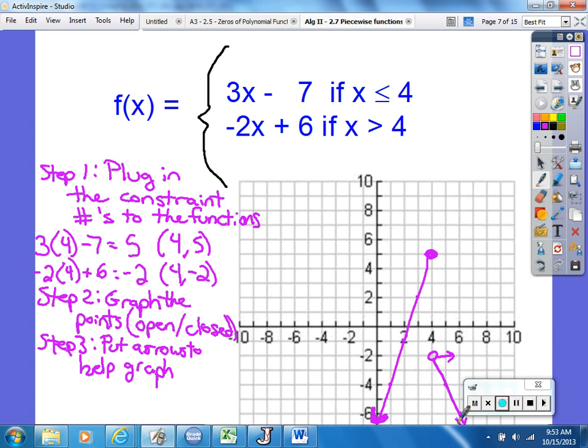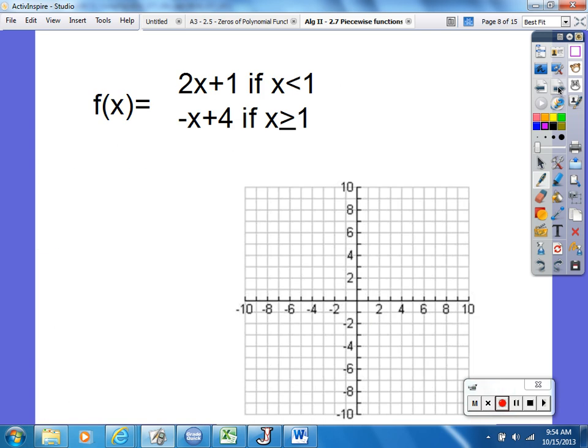Guess what I get to do with the other arrow? Erase it. Does that make sense? Sort of? I'll take sort of. Okay. Alright. So I'm going to give you the essential work. Pull out a clean sheet of graph paper.